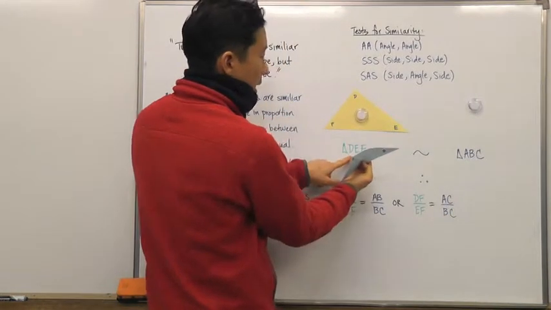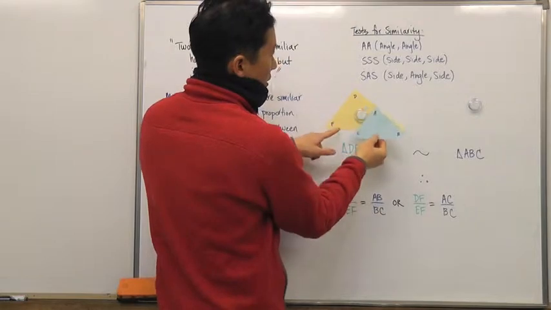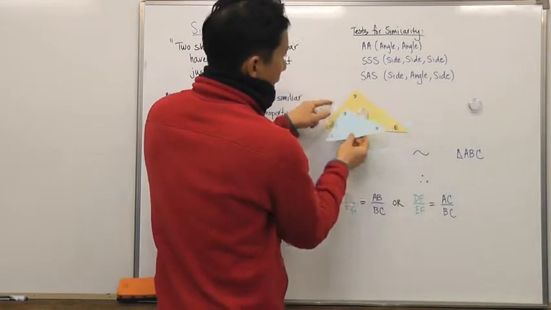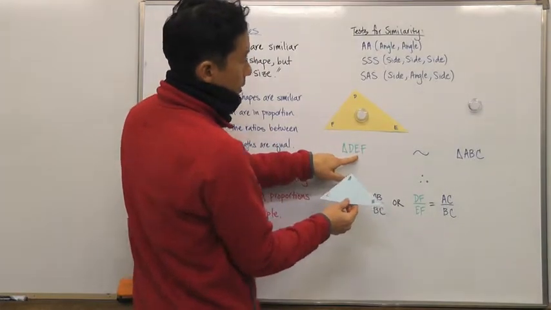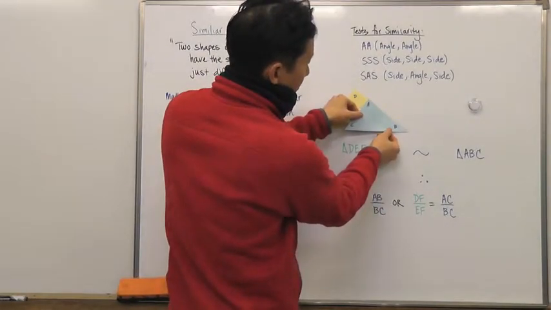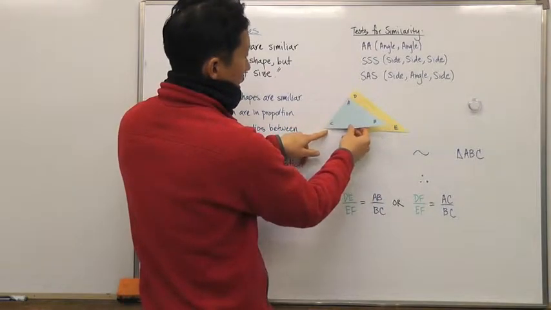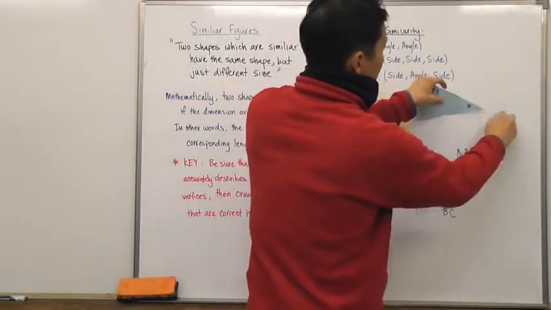So I go triangle D, then E, then F. That means I have to start off with triangle A, and then the vertex that corresponds to E is B, and the vertex that corresponds to F is C.